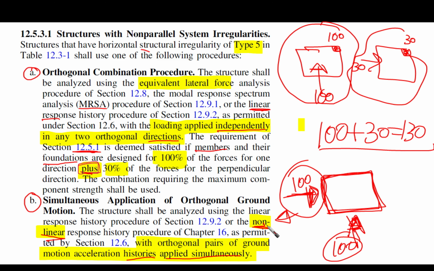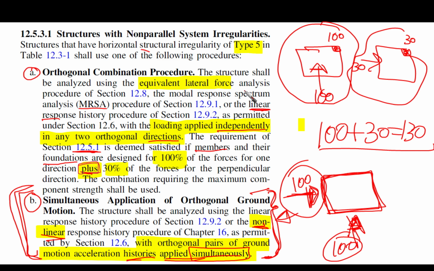So it is only for linear and nonlinear time history response analysis, which is not commonly used by people in practice actually. But for analysis and research that we are using it, so it is very important to consider that. For nonlinear time history analysis, which is commonly used for research, and linear response history analysis, the orthogonal pairs of ground motion acceleration histories are applied simultaneously at the same time.